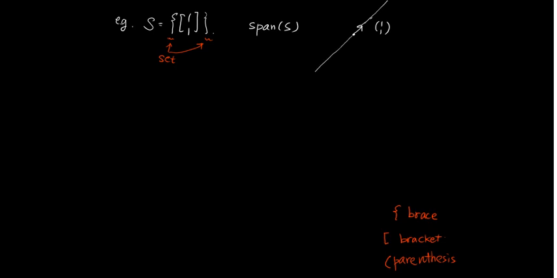Any multiple of S will be included, any linear combination. And it can also be written as V equal to the set of (x, y) such that x is equal to y.